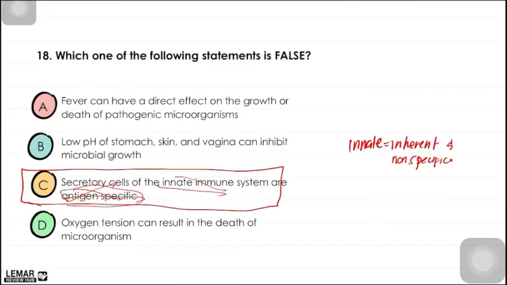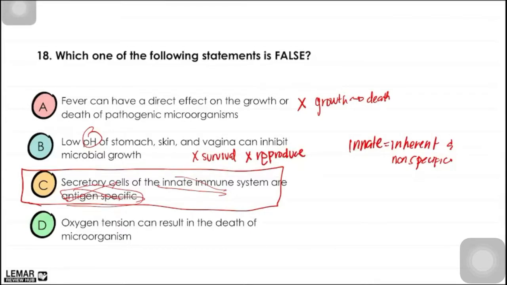Oxygen tension, on the other hand, has a direct effect on many pathogens, resulting in death due to oxidation. So again, fever, the increase in temperature will prevent growth, and therefore, it will cause death. pH has a direct effect, limiting the survival and the ability to reproduce.